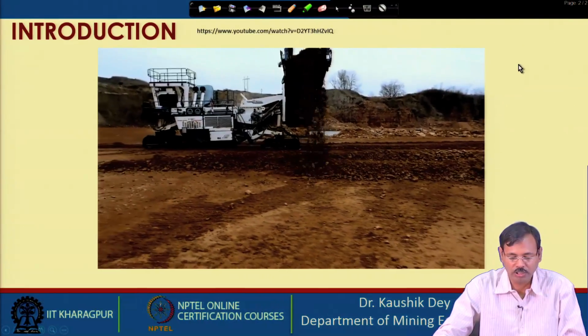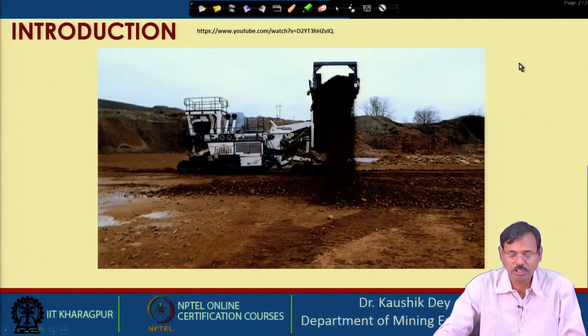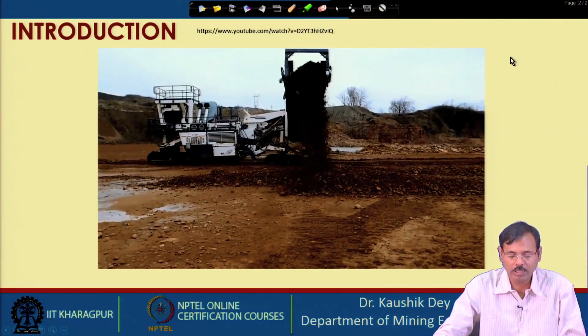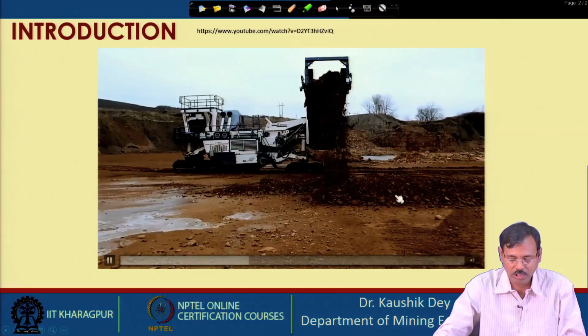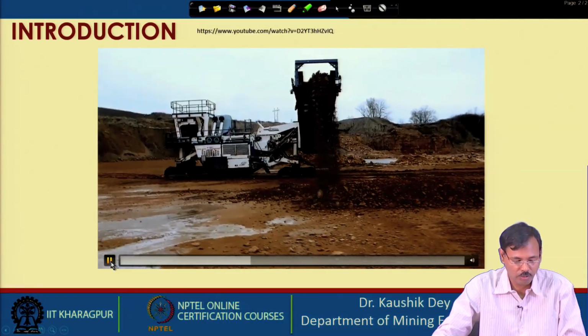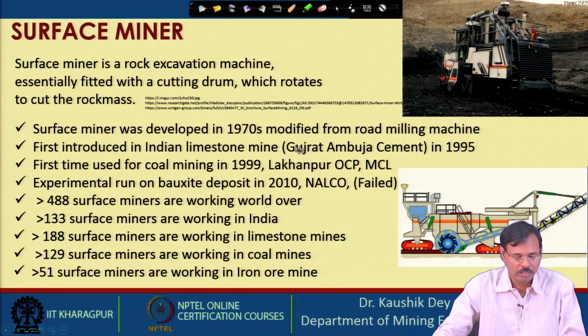That is why it is adopted, and the main reason for the popularity of this system is that it is very economical, and that is why it is adopted in most mining cases. So, now let us look into the details of this machine.